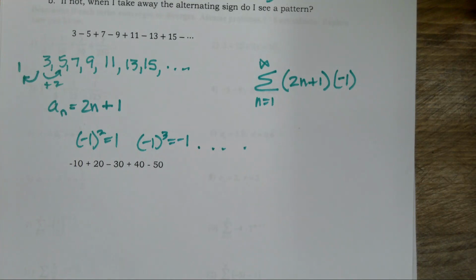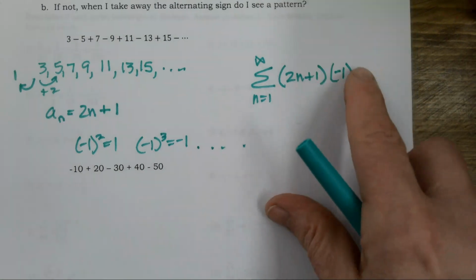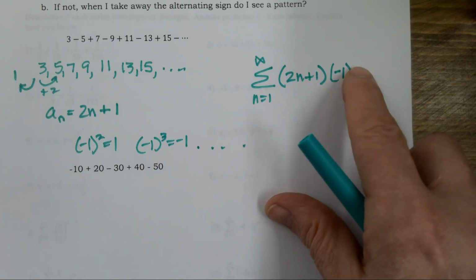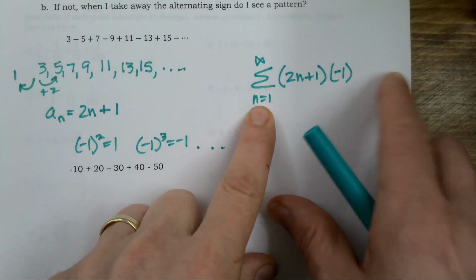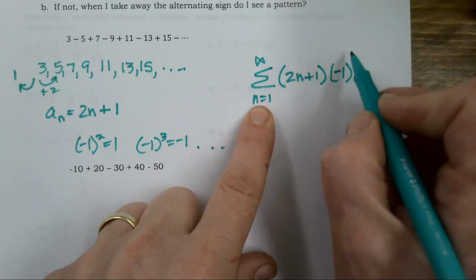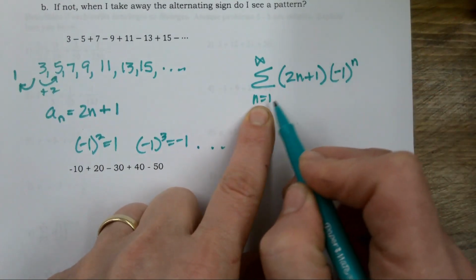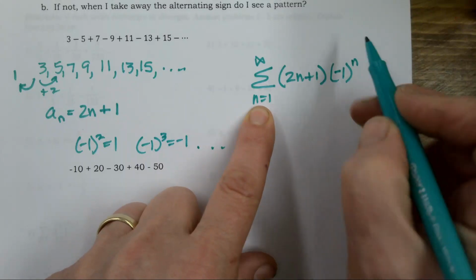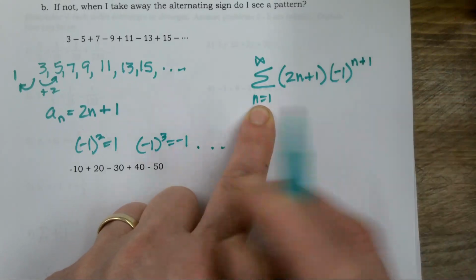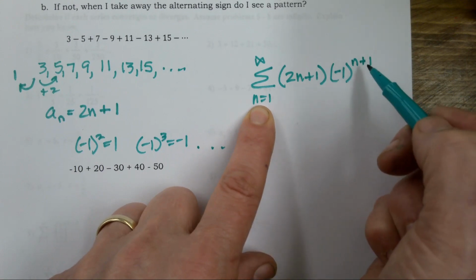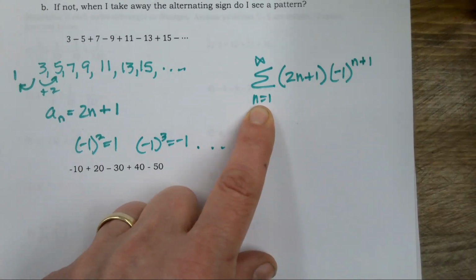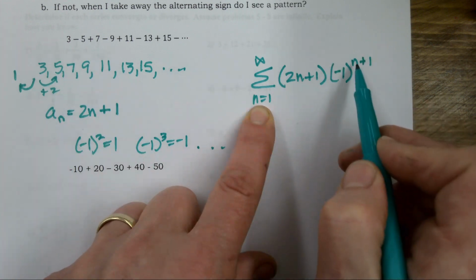I want the first one to be positive, which means that I need to put a power up here that is even. But the first thing that I'm going to plug in is 1. So that's not going to work. So I'll make it 2. Or if I wanted to, I could subtract 1 and make it 0. Does that make sense?